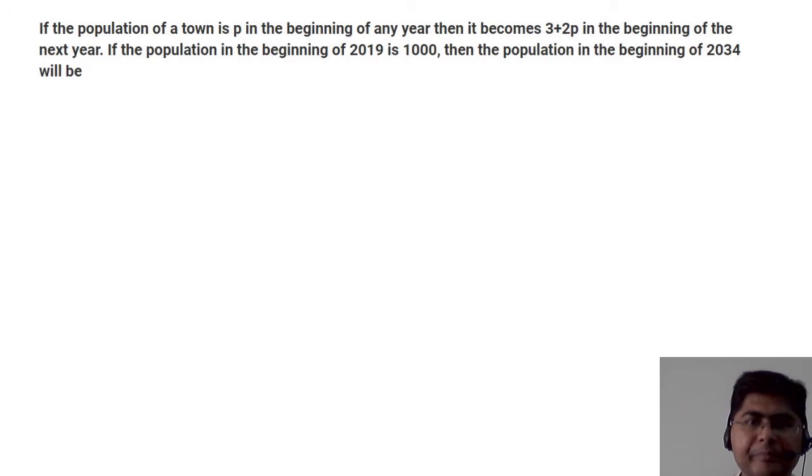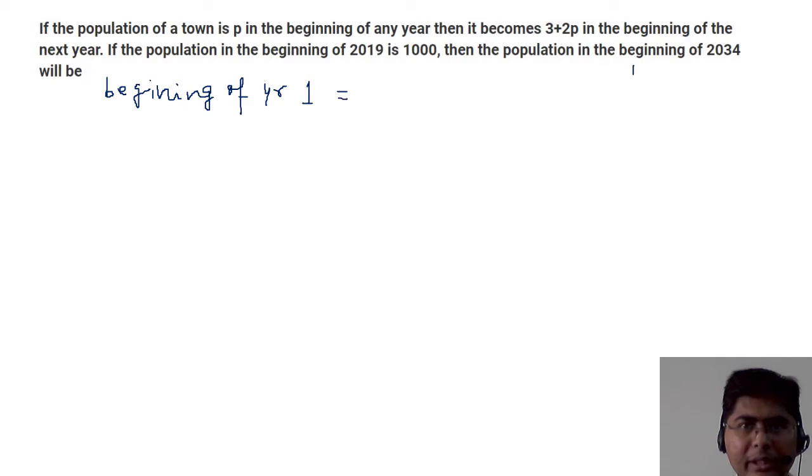Okay. Let's say at the beginning of year 1, what is that value?